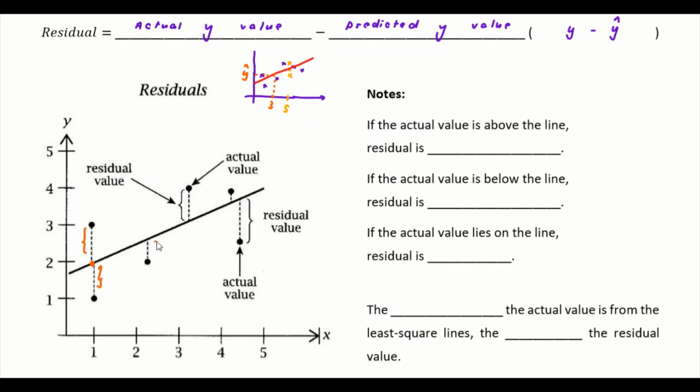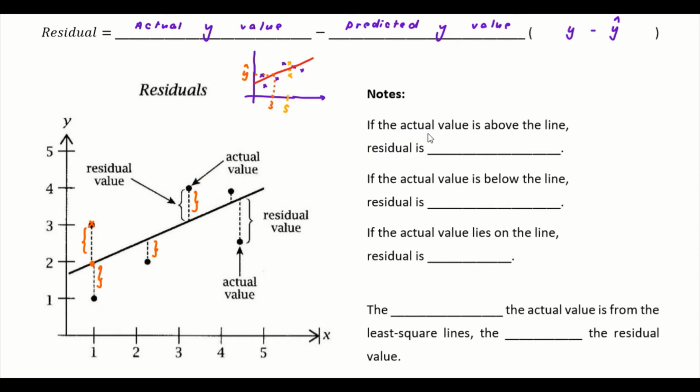Let's focus on the first point here. When x equals 1, the actual value of y is 3, and the predicted y is 2. So if we were to find the residual, it will be the actual value, which is 3, minus 2. Am I right? Then I'm getting 1.